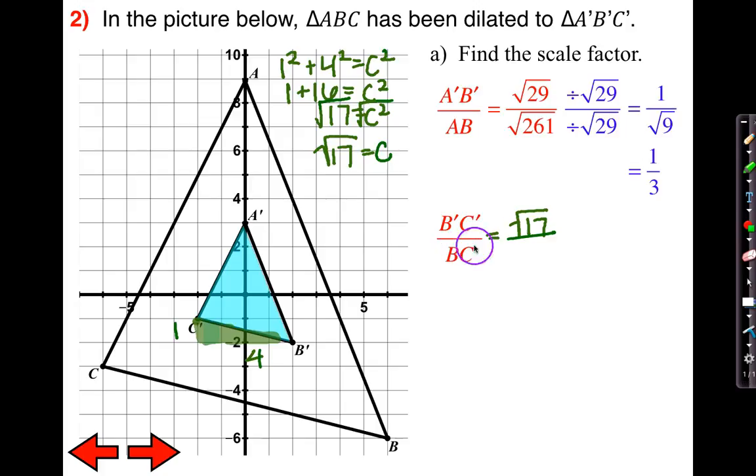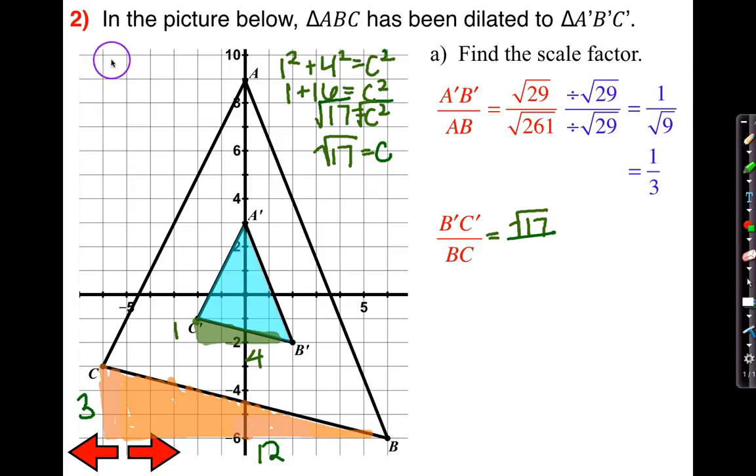Now we're looking for the length of BC. So that's going to be the larger triangle. So the length of this leg here is 1, 2, 3, and this length is 1, 2, 3, 4, 5, 6, 7, 8, 9, 10, 11, 12.